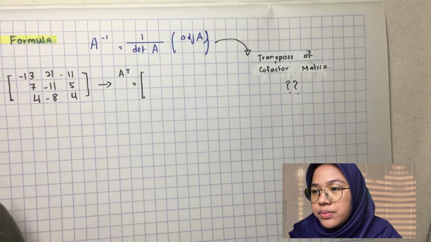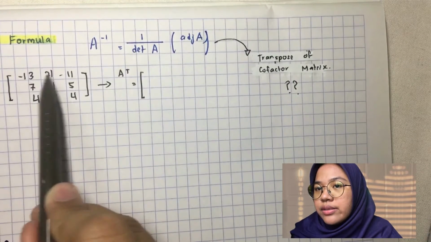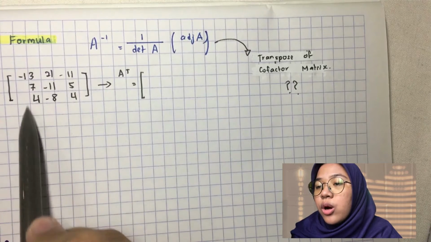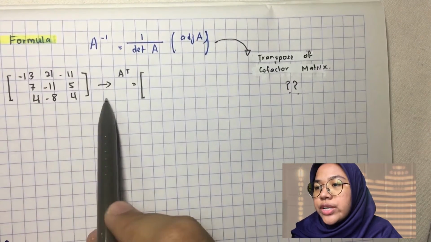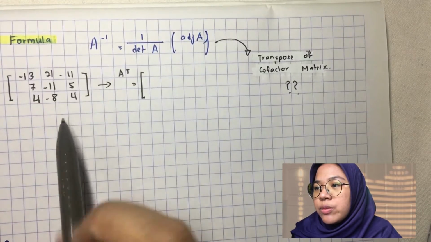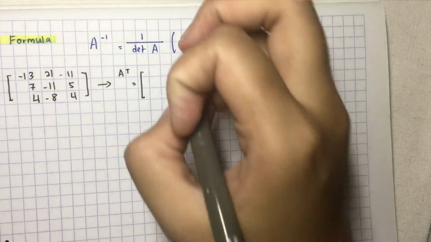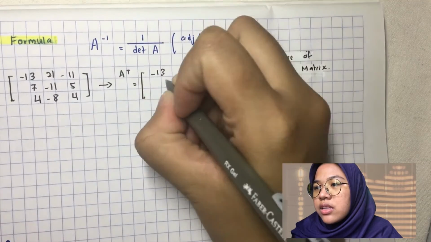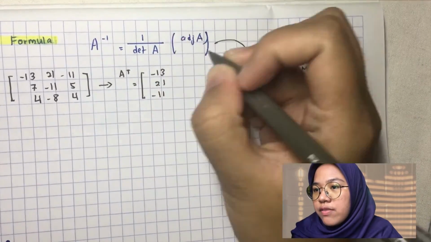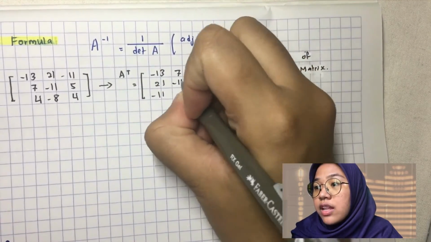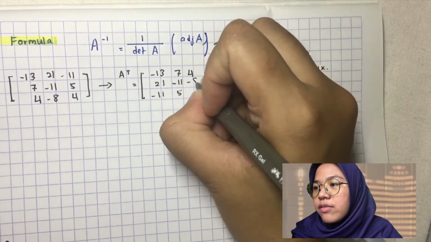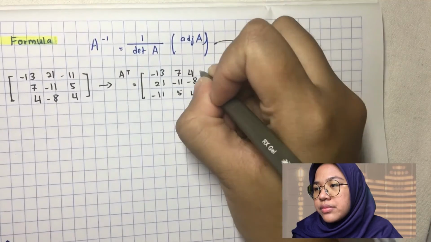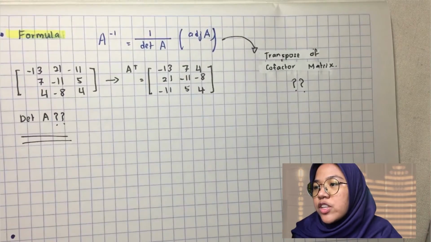For example, row 1 into column 1, row 2 into column 2, and row 3 into column 3. So it will become like this: negative 13, 21, negative 11, 7, negative 11, 5, 4, negative 8, and 4. So this is the transpose of cofactor matrix.